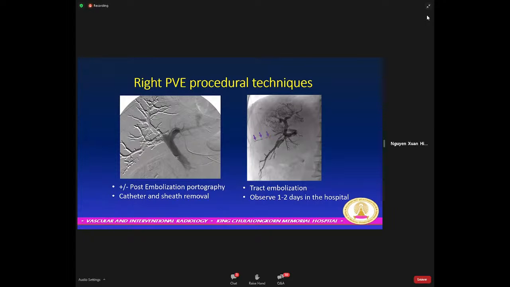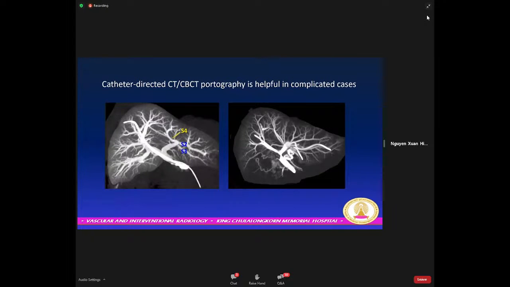The patient will be kept in the hospital at least 24 hours after the operation to observe the complication. In case with complex vascular anatomy or complex procedure, catheter-directed CT portography or cone beam CT is very helpful.